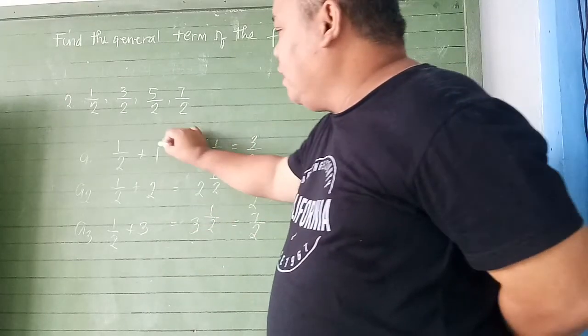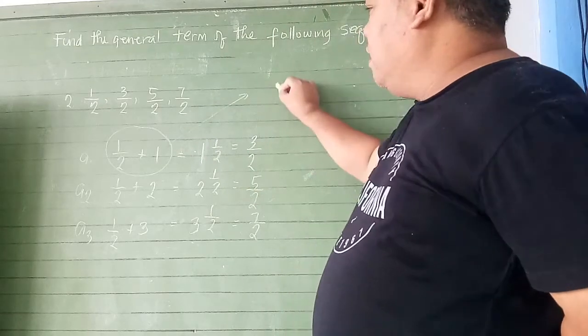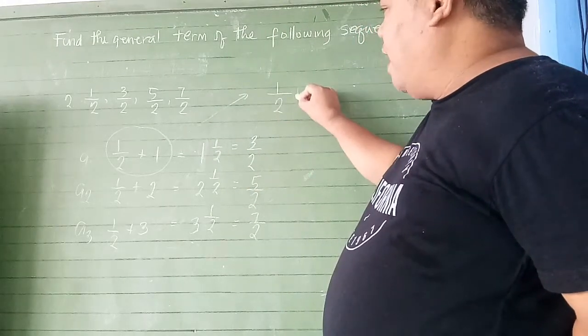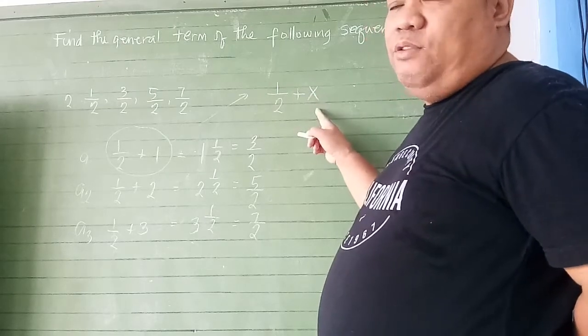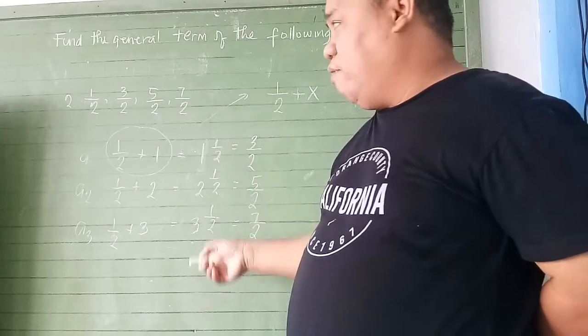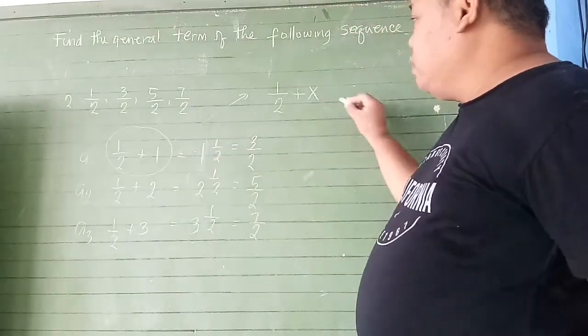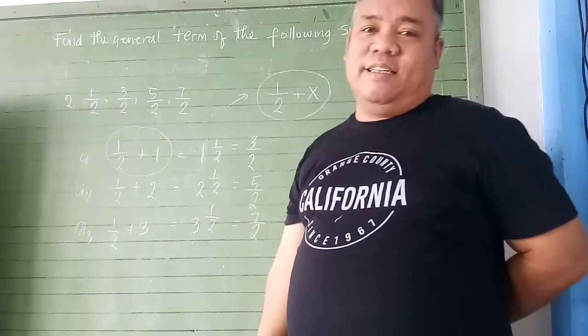So if we're going to state your formula or your general term, it should be 1/2 plus x. Kasi x dyan yung nagbabago to create what we call a perfect sequence or to follow the sequence we have here. So this will be your general term. This is 1/2 plus x.